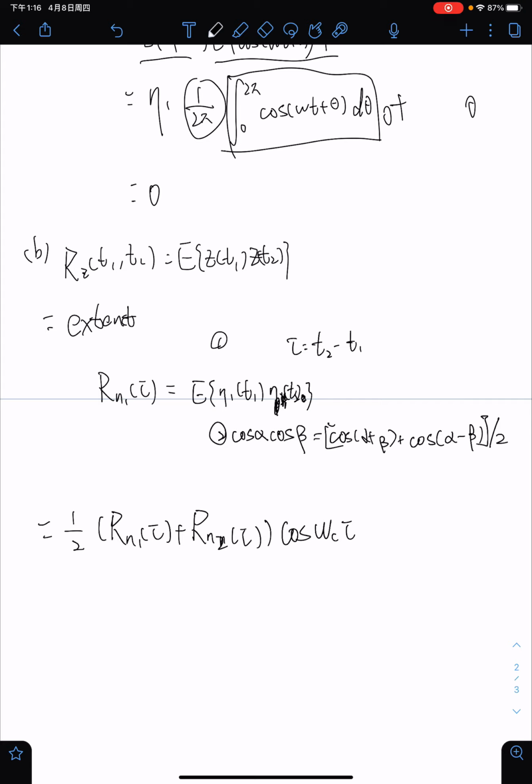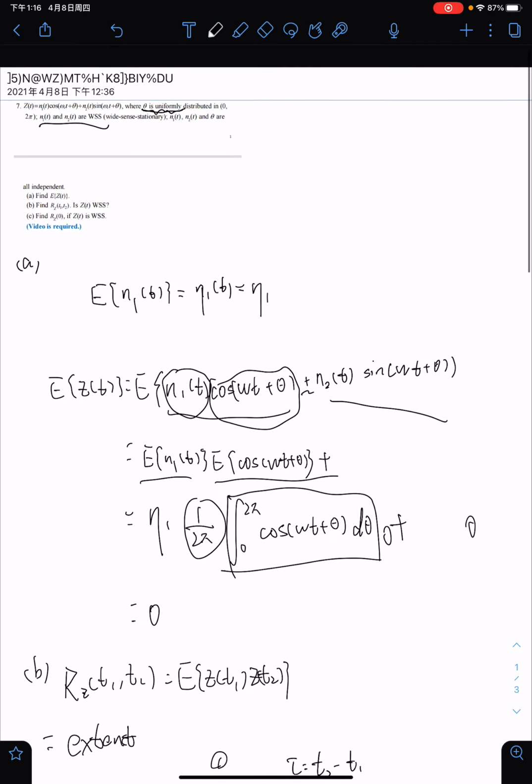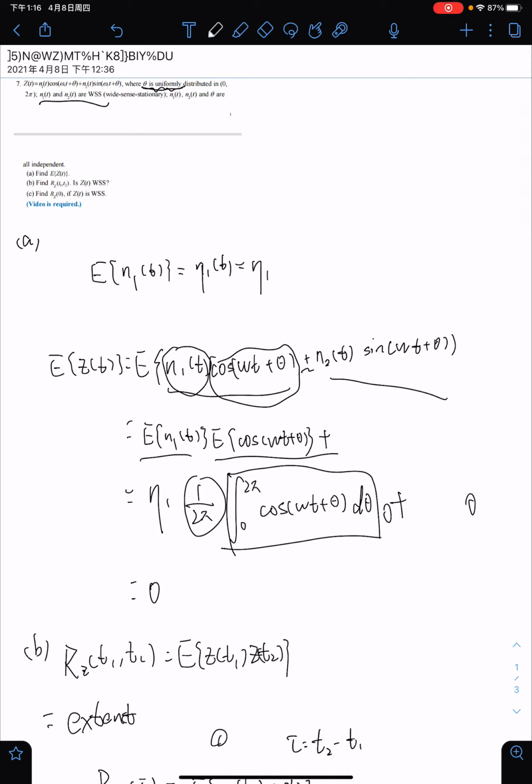Because the result is only related to tau, we can write it as r sub z tau. And is this wide sense stationary?